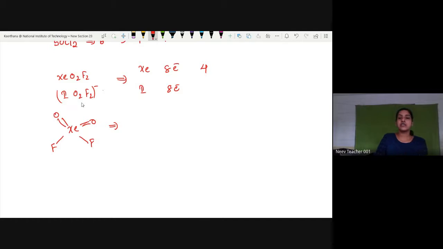The rest is 2 electrons, which means 1 lone pair. So total electron pairs is 5. So sp3d hybridization and trigonal bipyramidal geometry. And the shape is seesaw, with 5 pairs and 1 lone pair. We already discussed this, so I'm not going to tell anything. So it's seesaw.